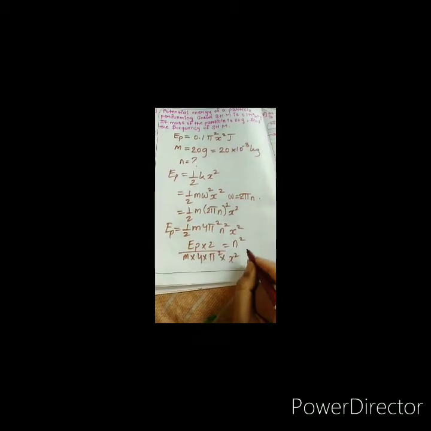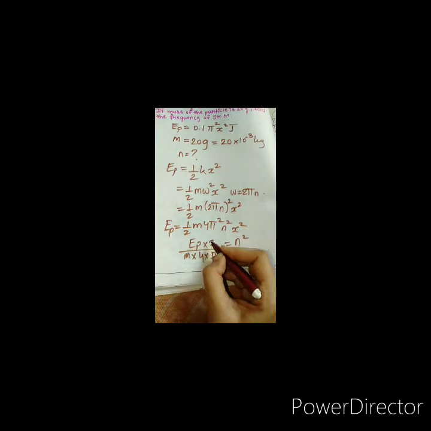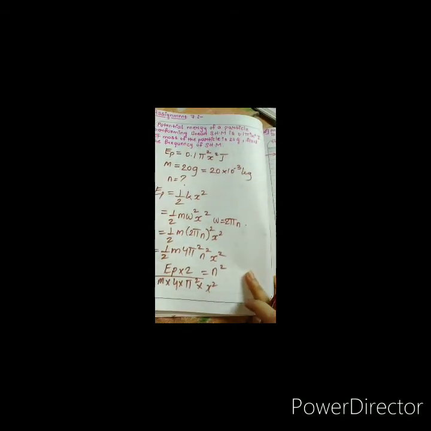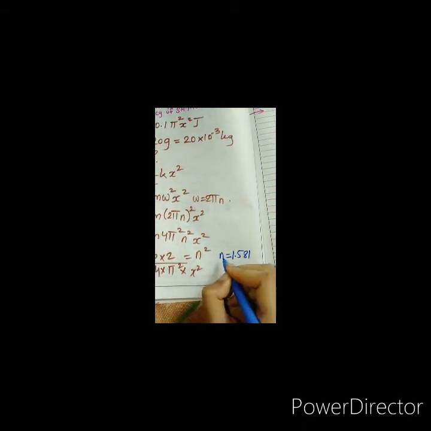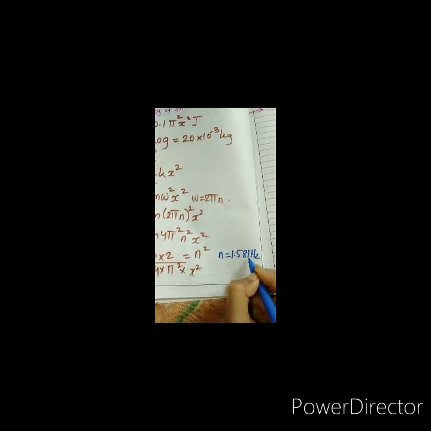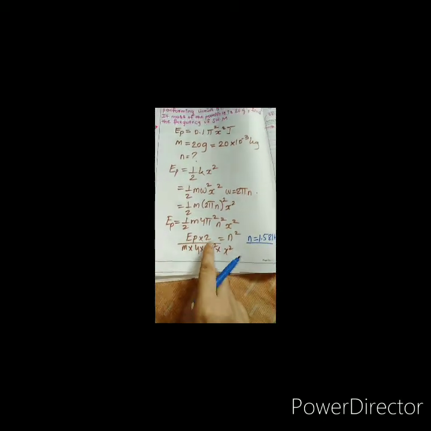Now you just have to substitute and find out the answer. So n will be 1.581, and as it is frequency, the answer will be in hertz. So this is the answer.